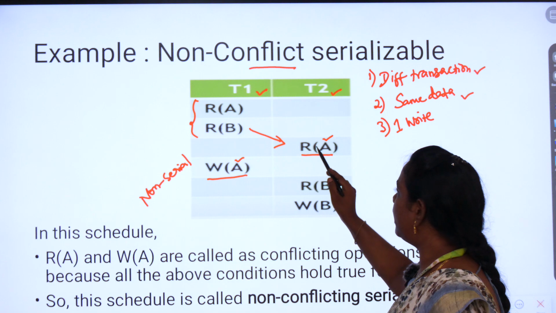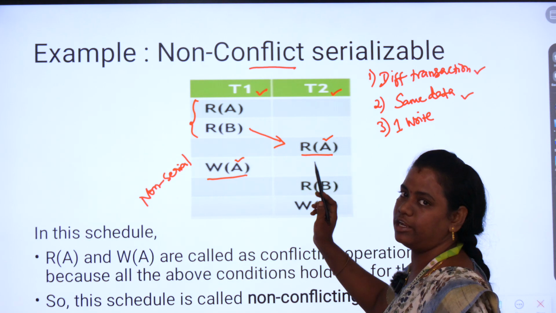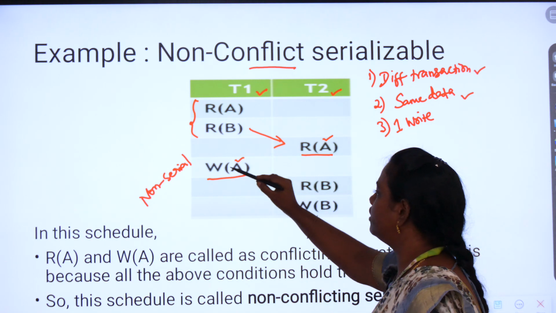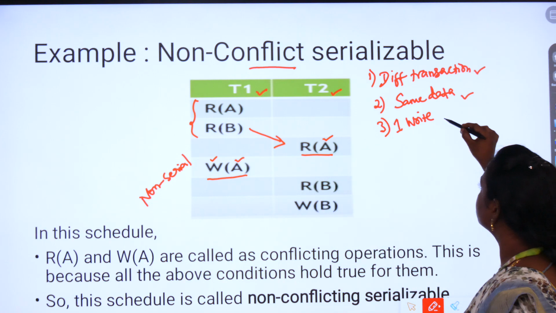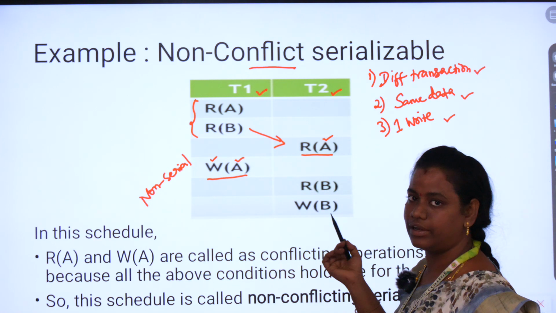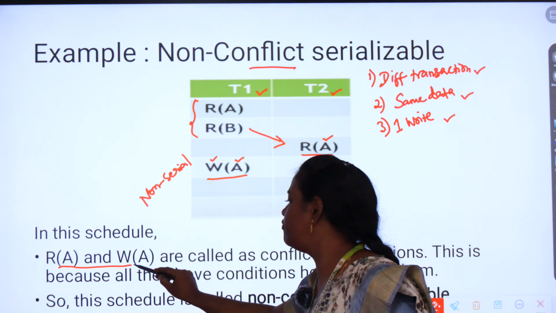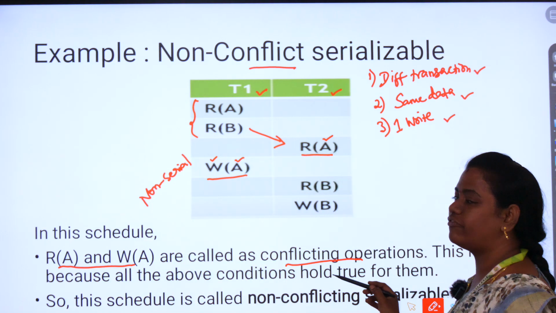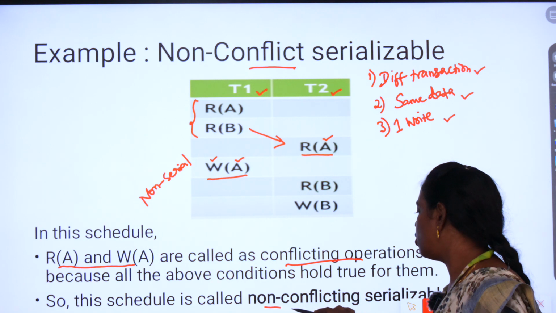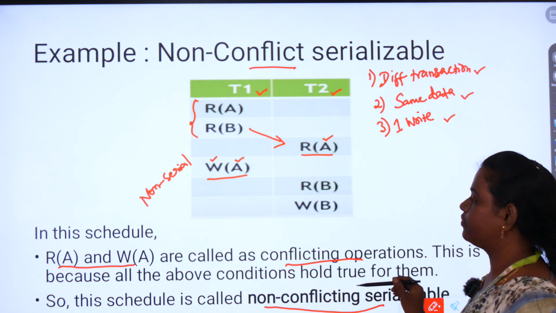Then at least one of the operations is a write. Here this is a write operation, so it satisfies the third condition also. So R of A and W of A are conflicting operations. So definitely this schedule is not conflict serializable.